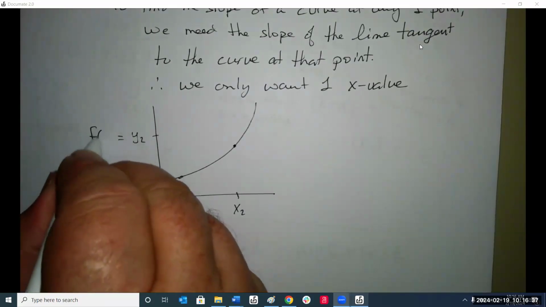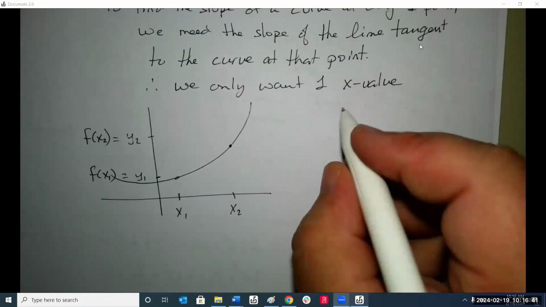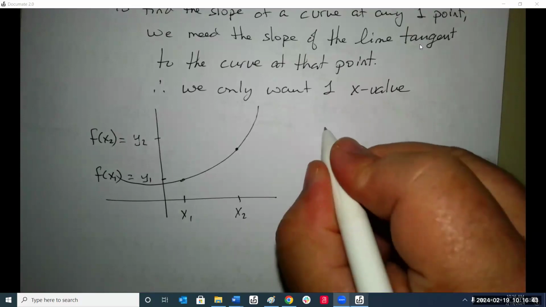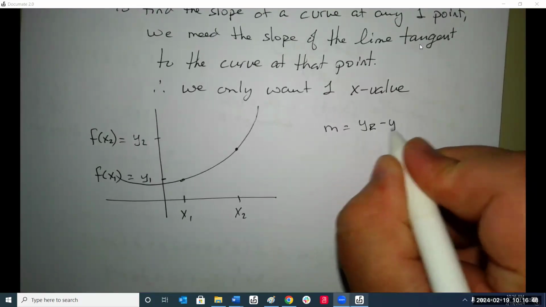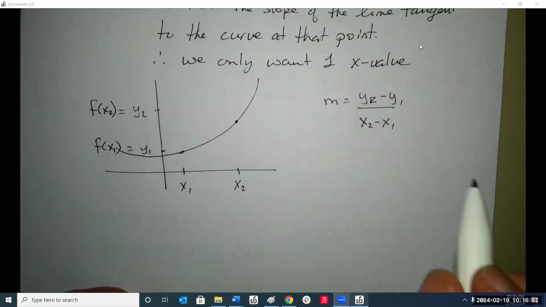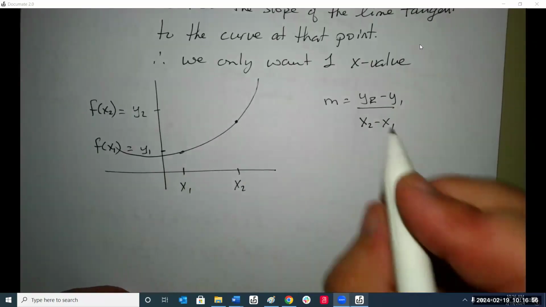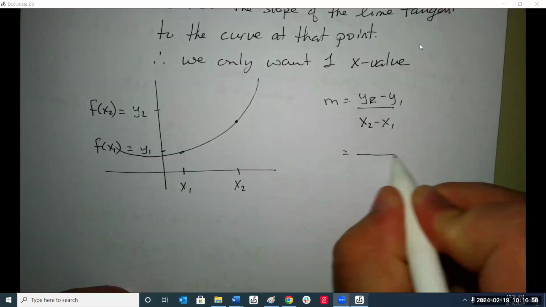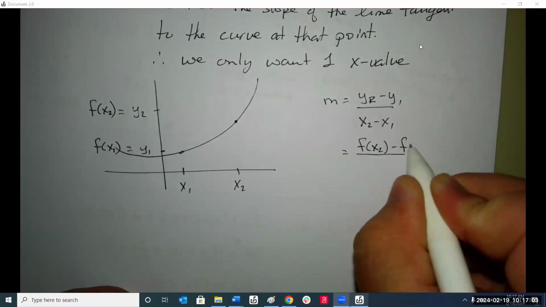And this one is f of x2. So let's build this formula up. We started with the slope, x1, y1, x2, y2. We then converted it to functions.